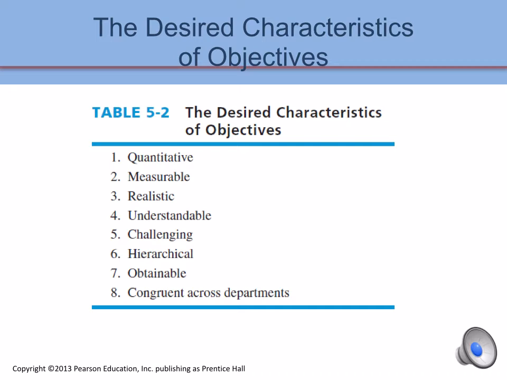Oftentimes, there is a trade-off between financial and strategic objectives, such that crucial decisions have to be made. Ultimately, the best way to sustain competitive advantage over the long run is to relentlessly pursue objectives that strengthen a firm's business position over rival firms. This means using both financial and strategic objectives at the same time.